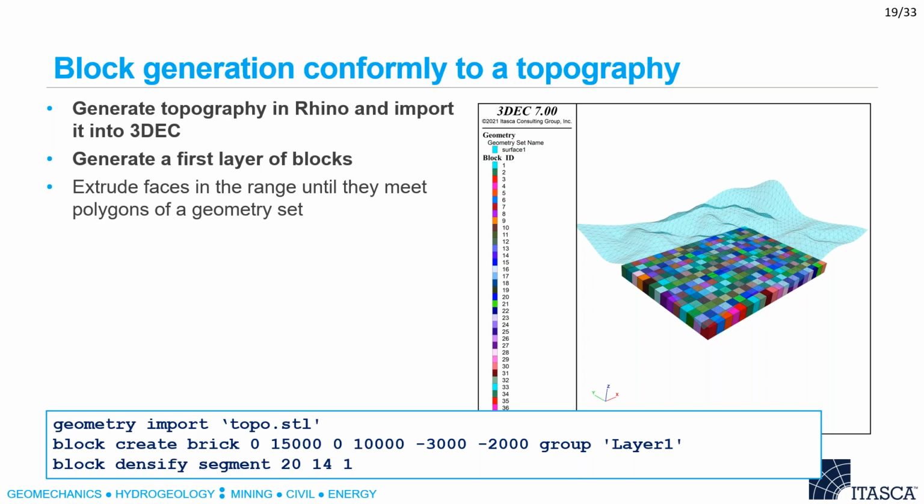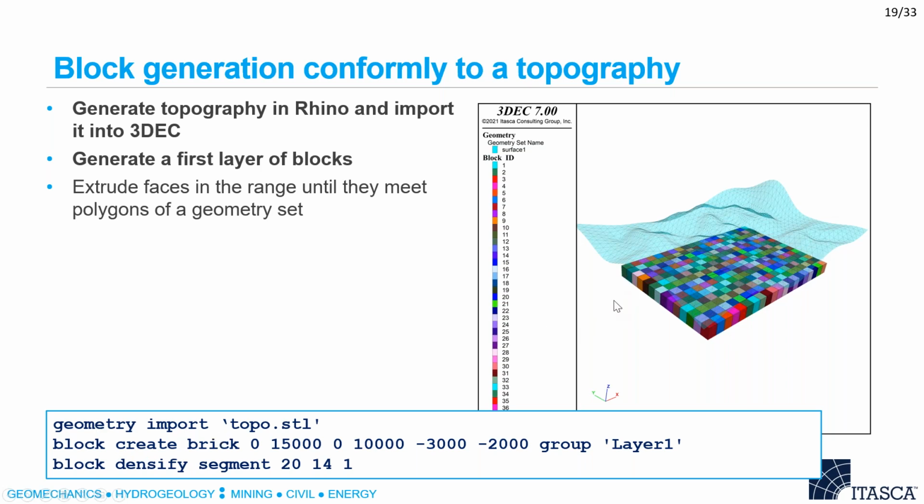The procedure consists of generating this topography. This is a topography that comes from Rhino or another CAD software. In this case, we define it in 3DEC, we import it as a geometry, with the command geometry import.